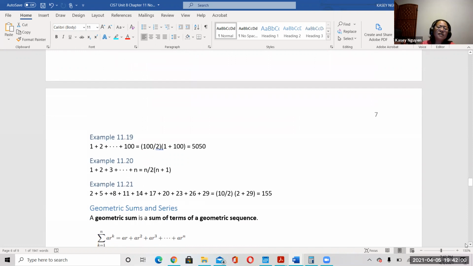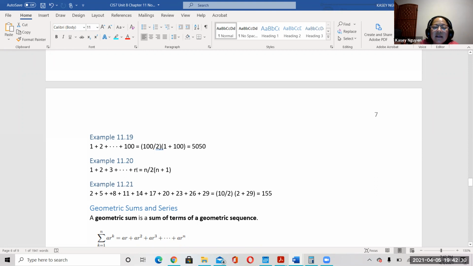In this example, 100 plus 1 gives you 101, times 100 divided by 2, because there are 100 numbers in that sequence. That gives you 5050. In the second example, you have 1 plus 2 plus 3 plus etcetera plus n.